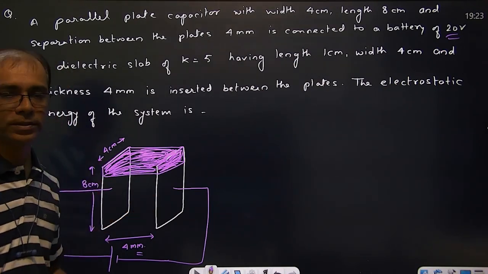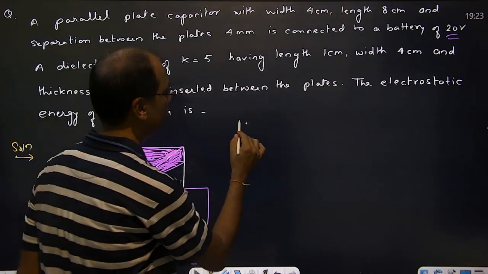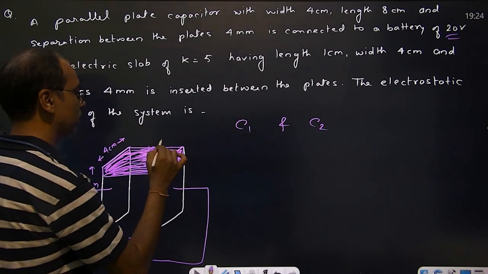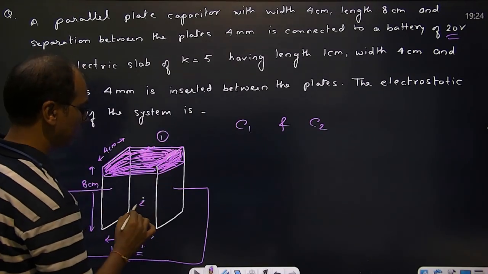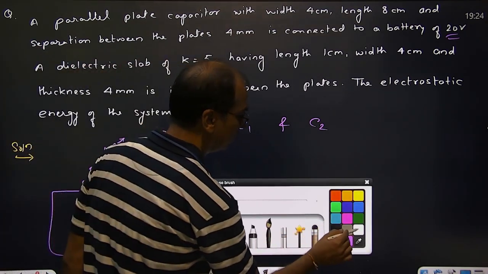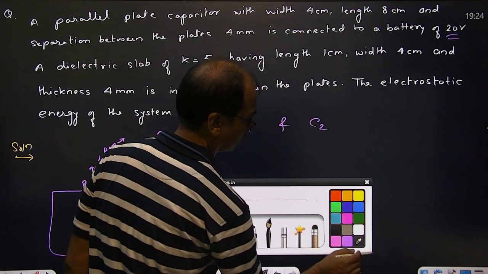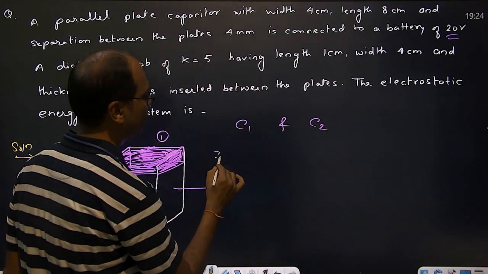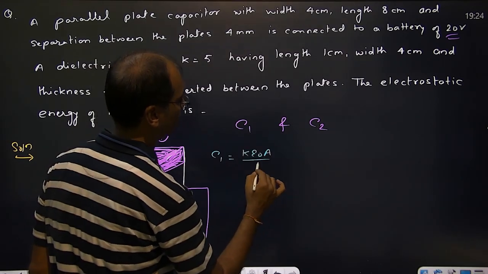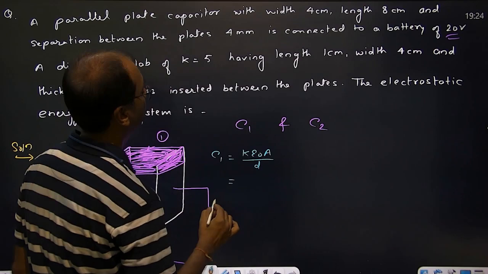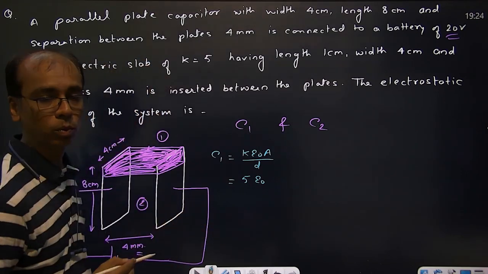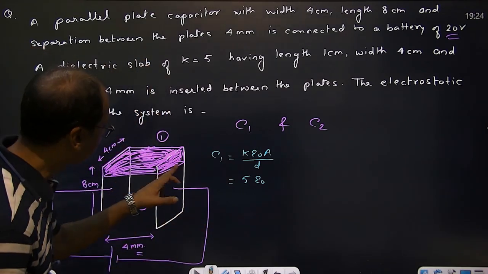So now two capacitors are there, C1 and C2. Now C1 is which one? This is our first one, this is first, this is second. What is C1? We'll find. C1 is K epsilon naught A by D. What is K? K is 5. Epsilon naught. Now what is A? A means this area.